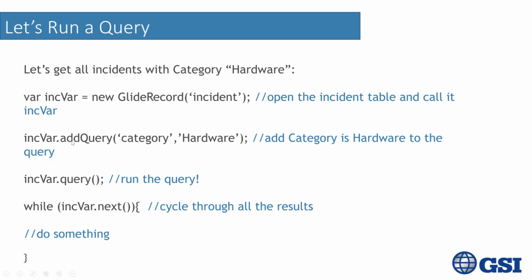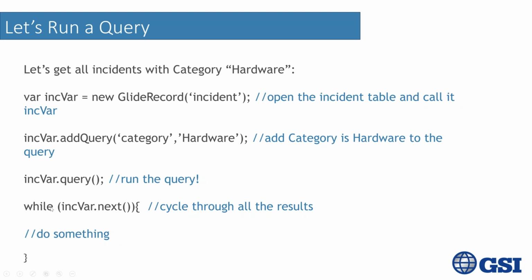Then, after we've done that, we actually have to press the run query button, basically, and that's what this statement says, inc var.query, right? That says, go ahead and run it. Press the run button, right? And then this next part of the statement is going to be doing something with the results, right?